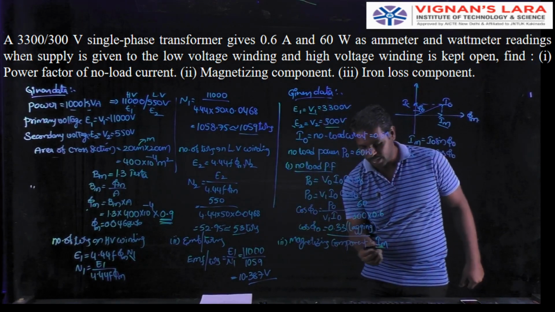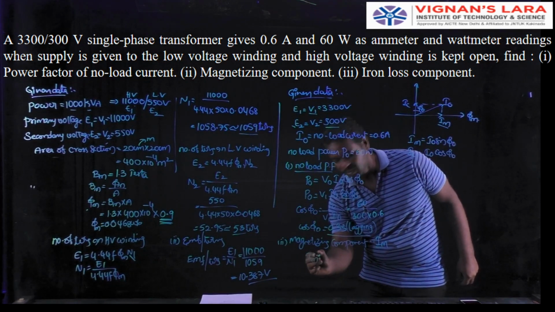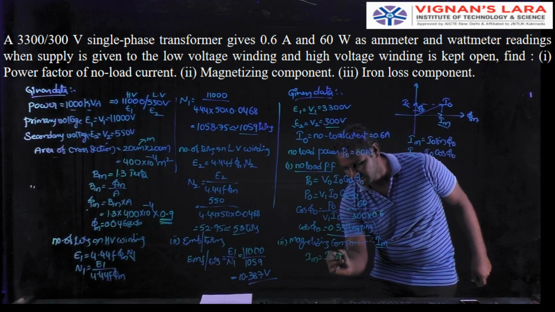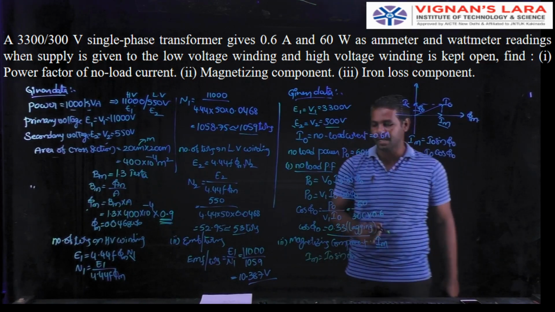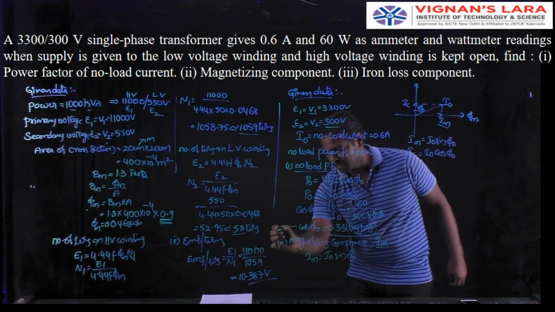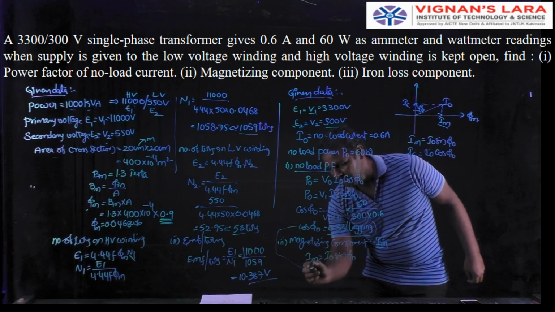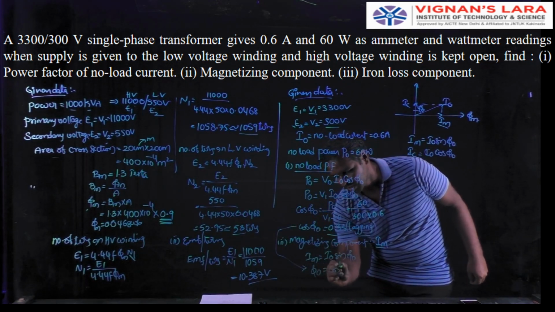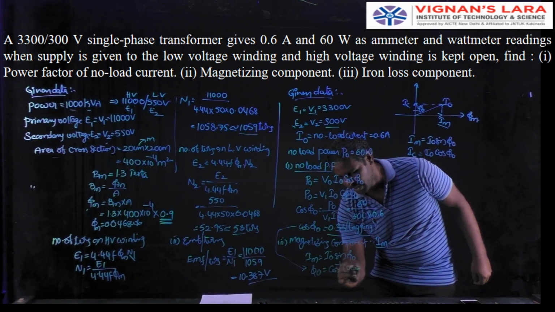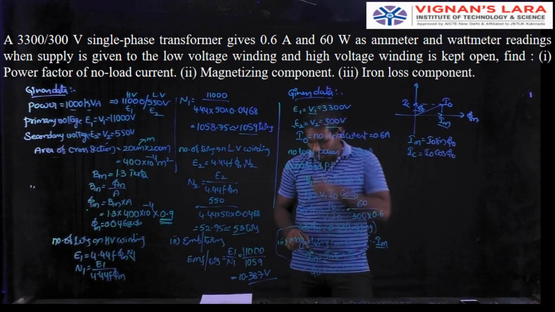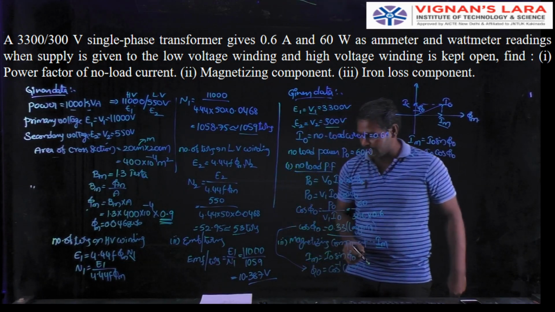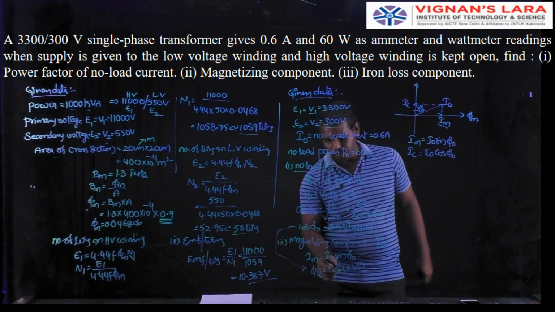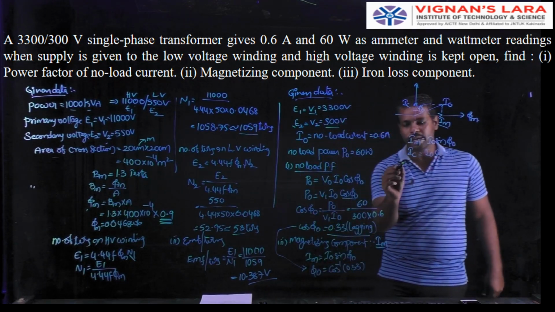In this, Im is equal to I naught into sin phi naught. From this equation, phi naught is equal to cos inverse of 0.33, which is to be directly substituted in the Im component.